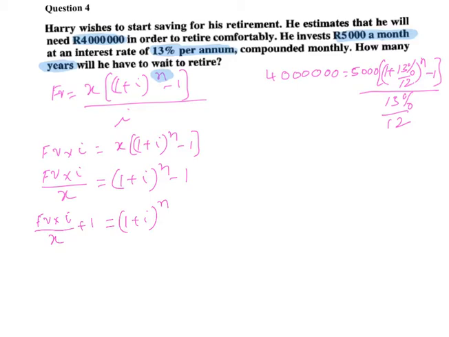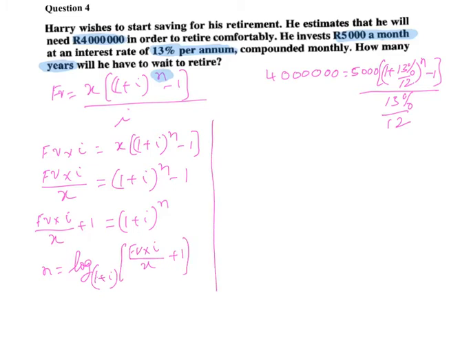I must use logarithm, and the base will remain my base. My base here is 1 plus i. So n is equal to log base 1 plus i of FV times i divided by x, plus 1.